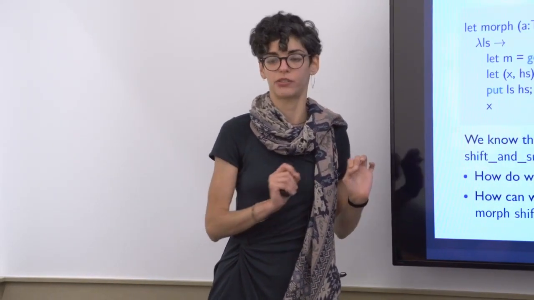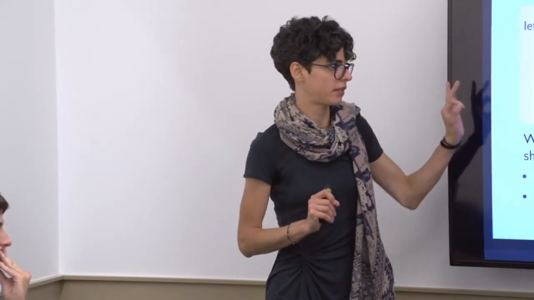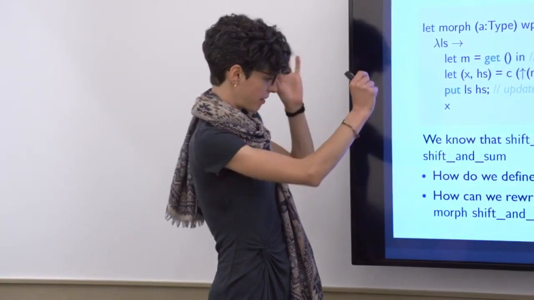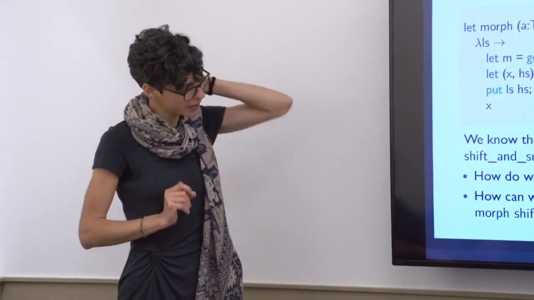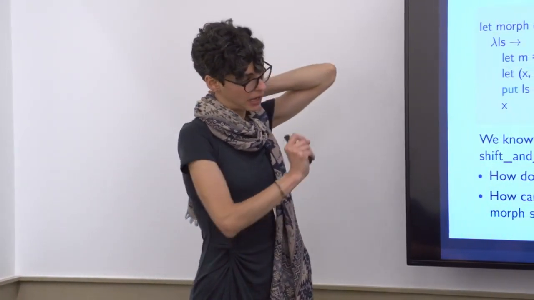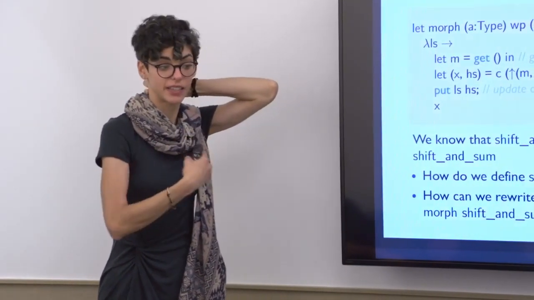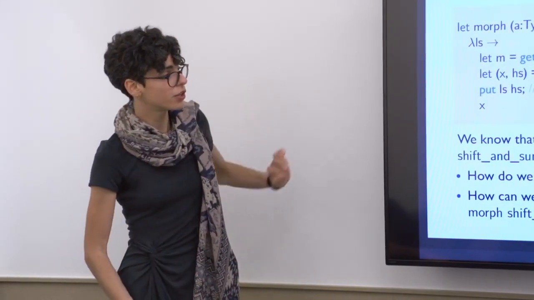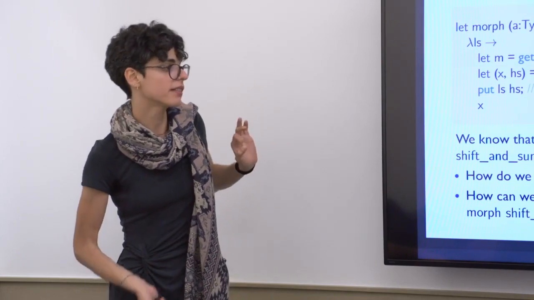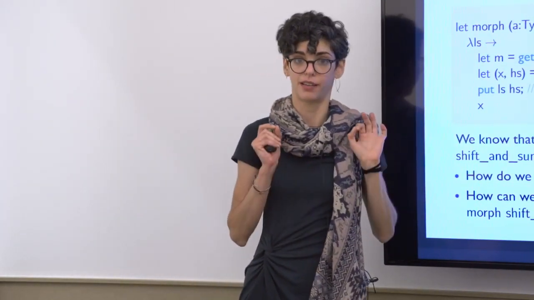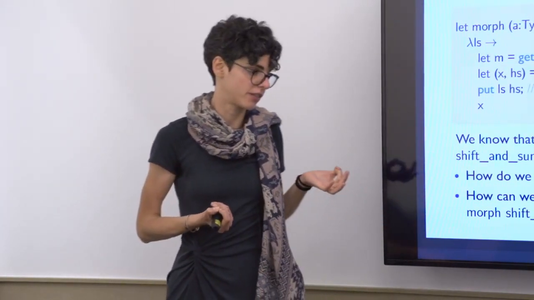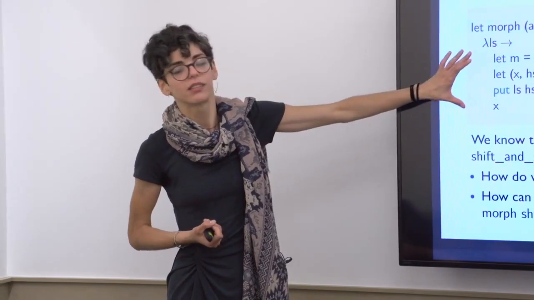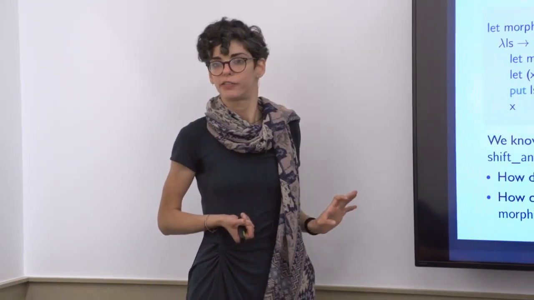I will show you very soon what the morphism laws are that this morphism satisfies. How can we apply successive rewrites of morphism law equalities to obtain the desired low-level version of the program from the trivial low-level version of the program?